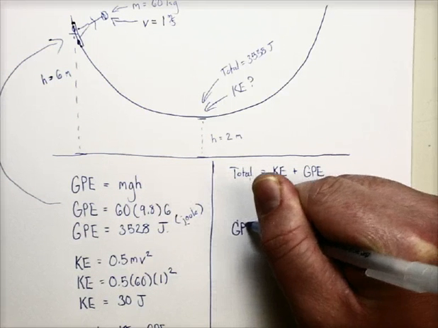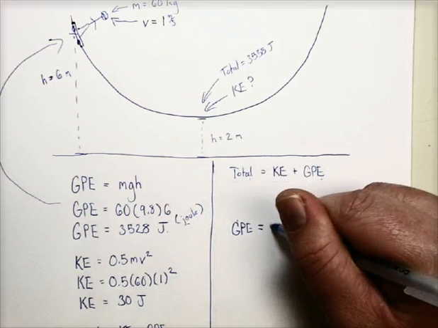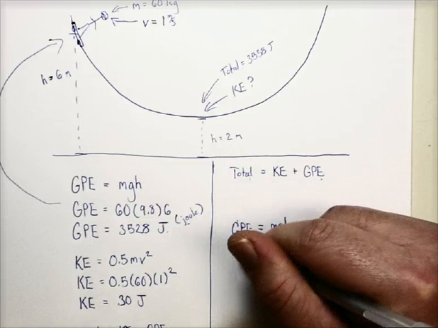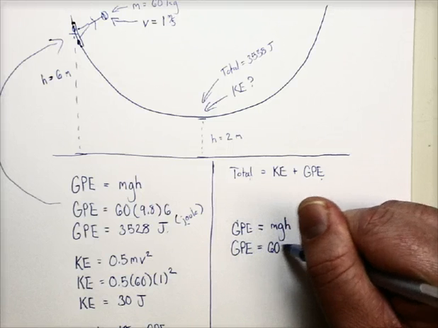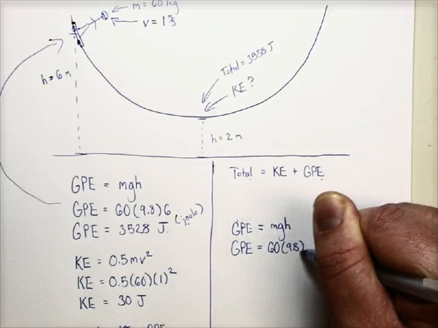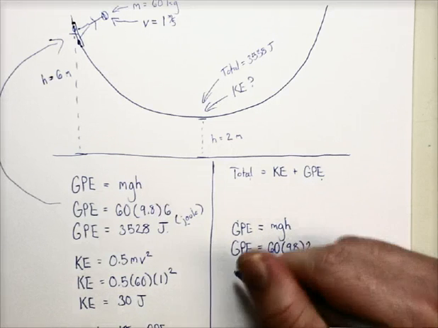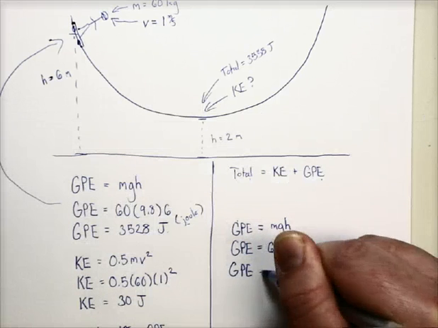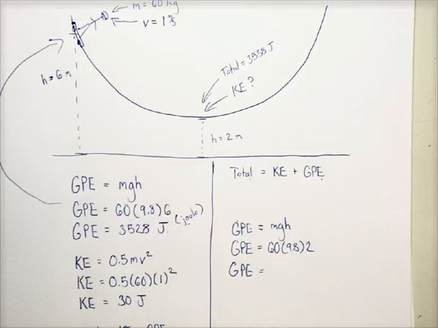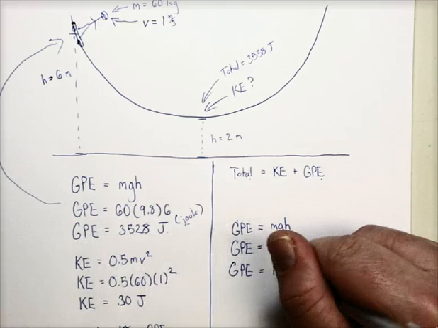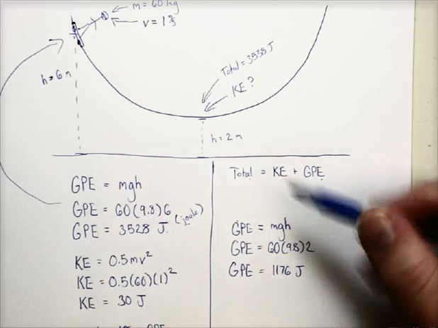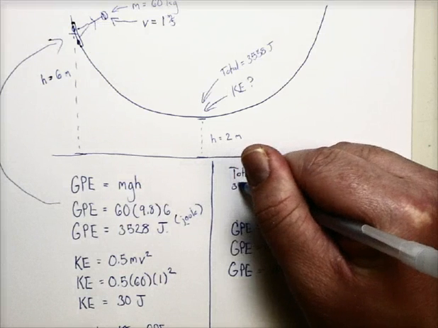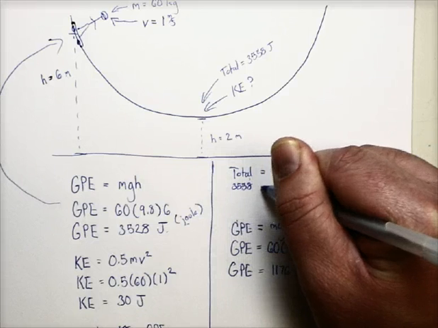So I can say that his gravitational potential energy is equal to mass times acceleration due to gravity times height. Plug in what numbers I know. I know that the mass is 60. Acceleration due to gravity is still 9.8. And the height in this case is 2. So I can figure out that his gravitational potential energy is 60 times 9.8 times 2, 1,176 joules.